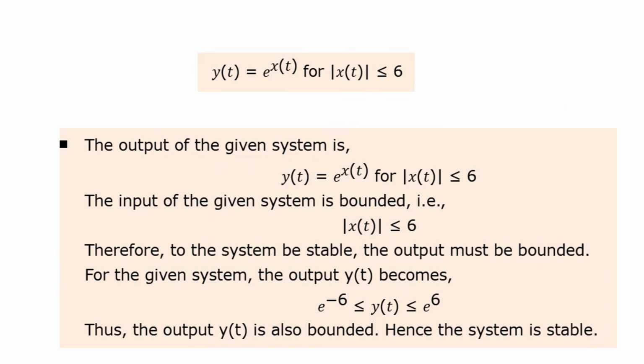Here is an example: y of t is equal to an exponential function for x of t less than 6. Because it is less than 6, this is BIBO, and it will have a fixed value. But if you do not put the limit, it will go to larger values, and in that case it may be unbounded.